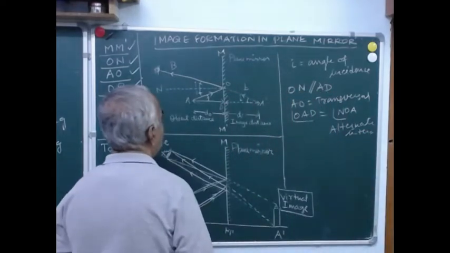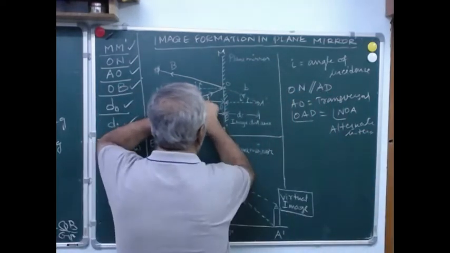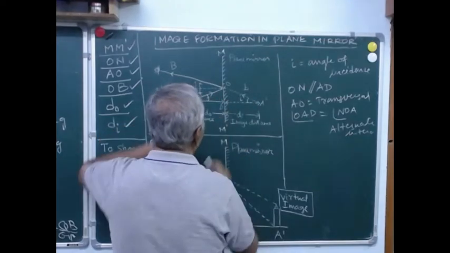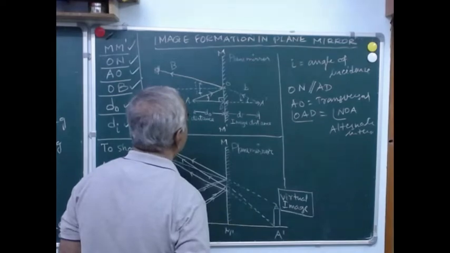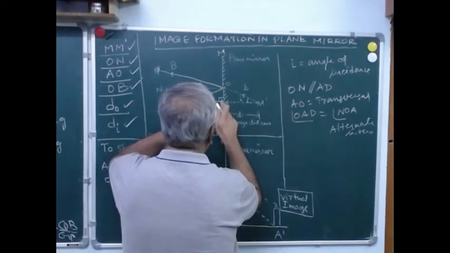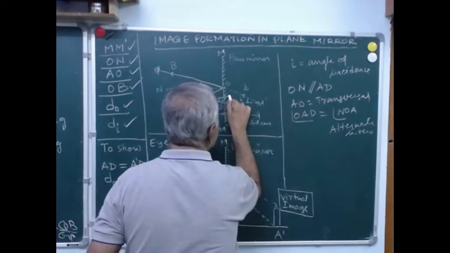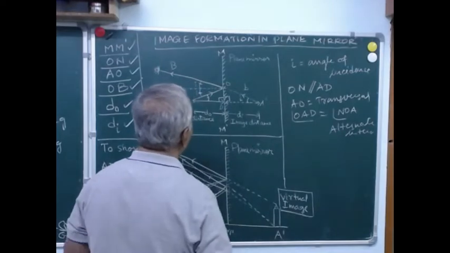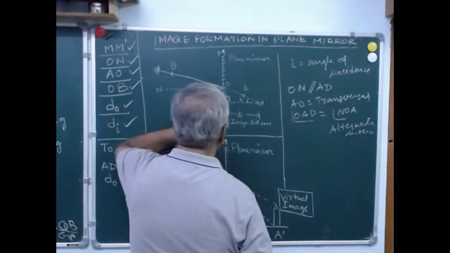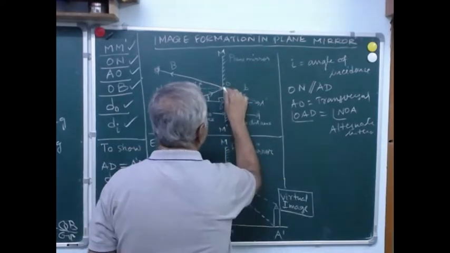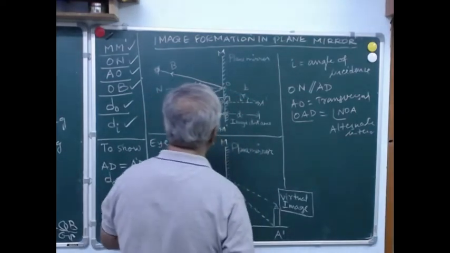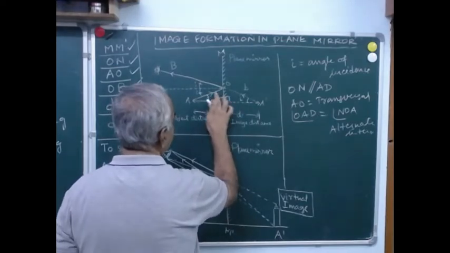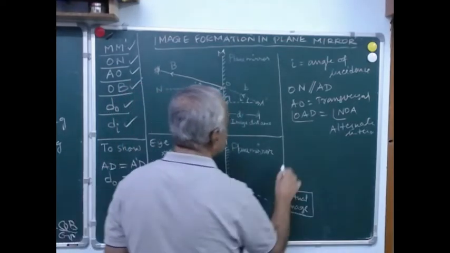I think this is pretty clear now. And we have this right angle. This is also 90 degrees. And OD is common to both these triangles. So we have to identify these two triangles. What are those two triangles?